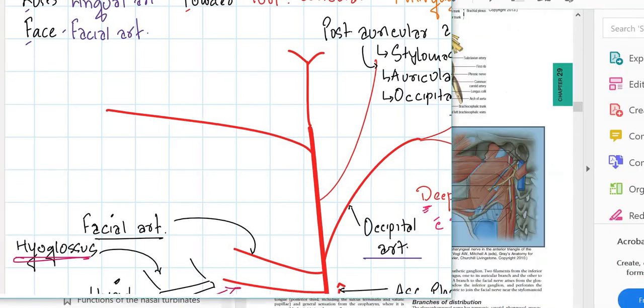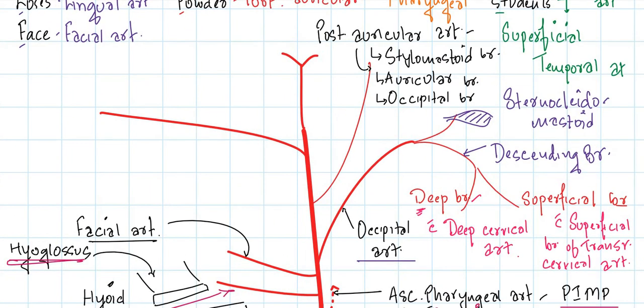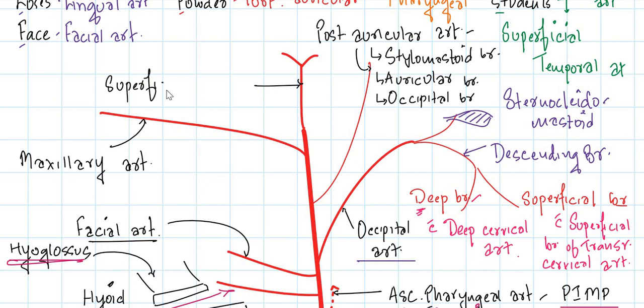Meanwhile, just remember, I'm very sorry, this is the maxillary artery, and this is the superficial temporal artery, which is dividing into an anterior branch and a posterior branch.